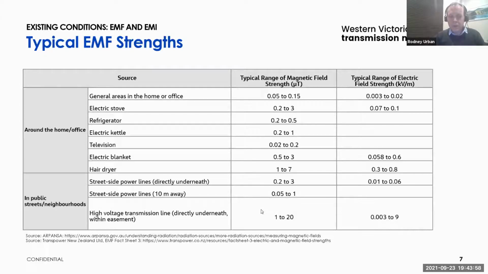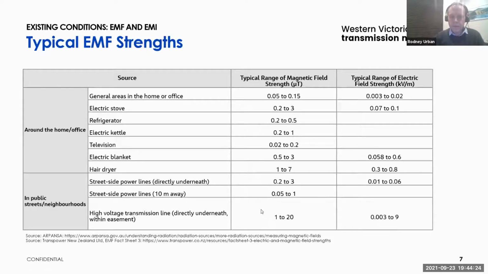So if we look, and as I mentioned, it falls away really quickly. So when we get to street side power lines, so overhead power lines that we're 10 meters away from, those levels are actually lower than the measured levels associated with hairdryers in the household. And then you get to high voltage transmission lines, which is really what we're studying as part of this project.